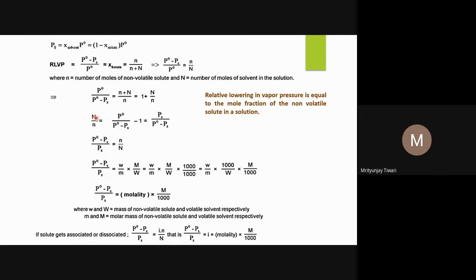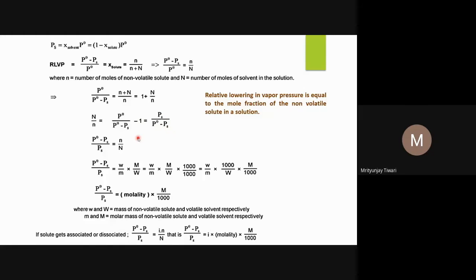So capital N divided by small n will be equal to P naught divided by P naught minus PS, and the plus 1 will go to the other side as minus 1. After simplification, this will be P naught minus P naught plus PS divided by P naught minus PS. So P naught and minus P naught cancel out, and plus PS will be left over, so plus PS divided by P naught minus PS.